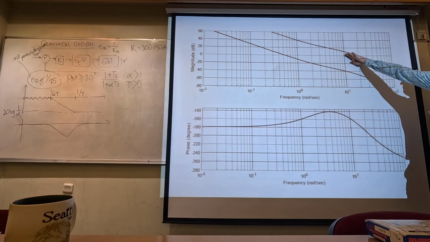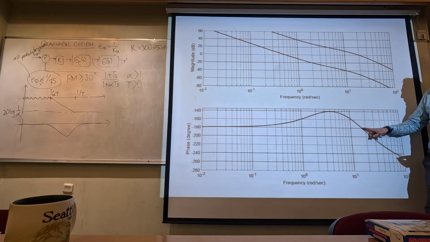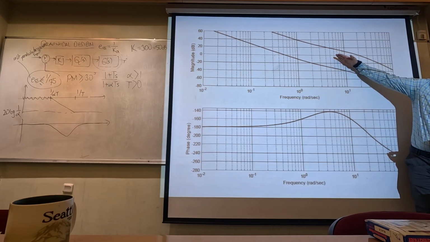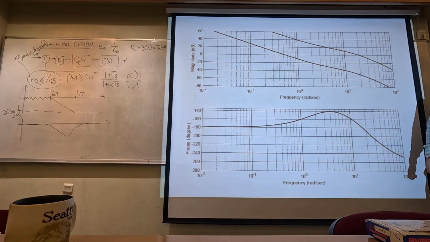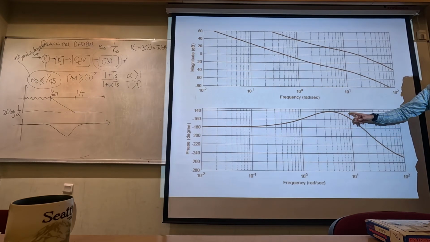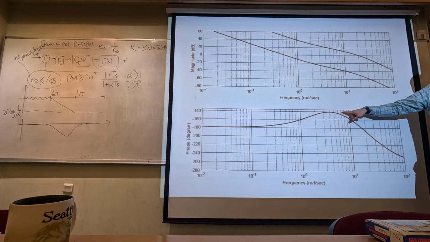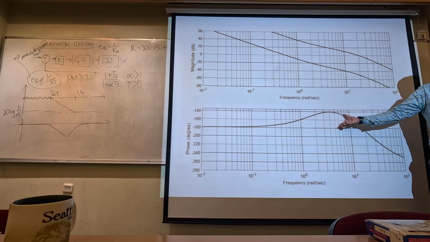If I can reduce this frequency a little bit, I see that the phase of the system increases automatically. If I can reduce the gain crossover frequency, then phase of the system actually increases by itself. Okay? And then I can try to adjust my new gain crossover frequency somewhere here, okay, so that I have the required phase margin here.